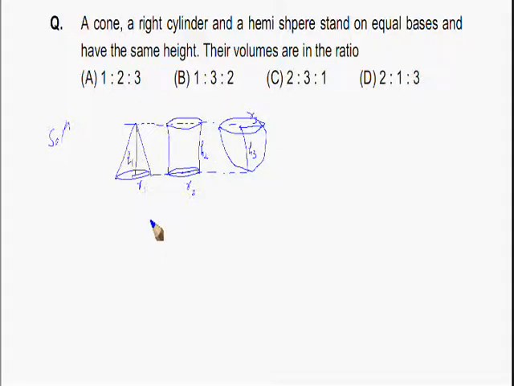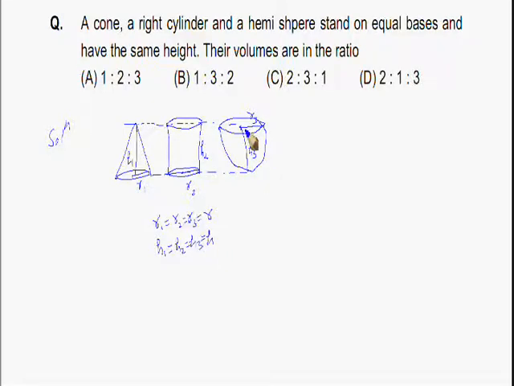As in the question it is given that the bases are equal, it means their radii are equal, that is r1 equals r2 equals r3, let's say equals r, and their height is also the same, that is h1 equals h2 equals h3, let's say equals h.